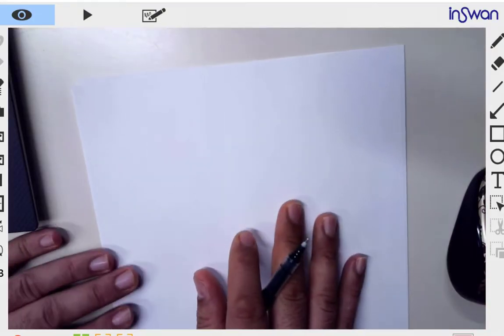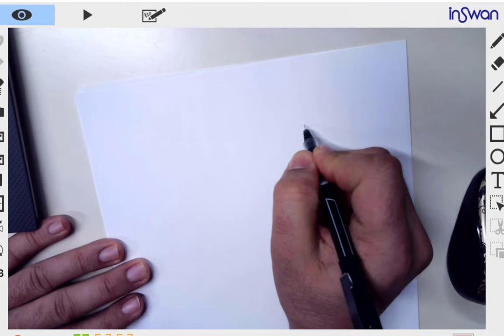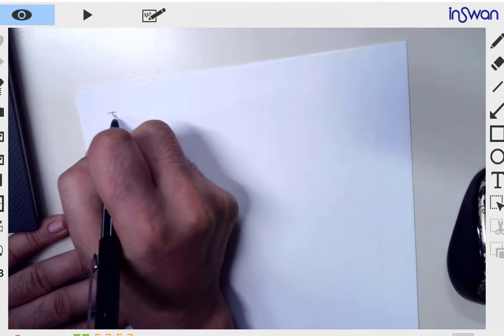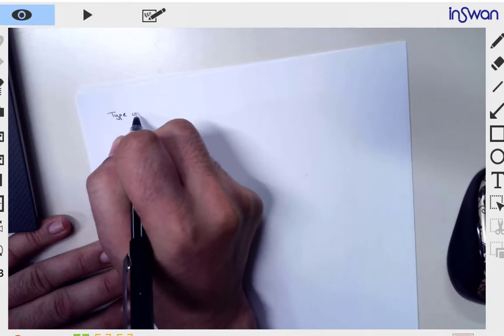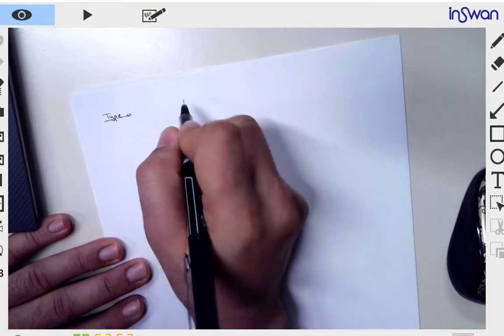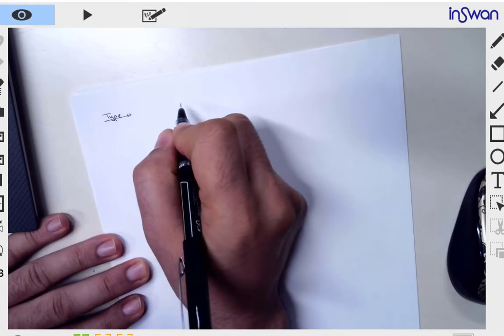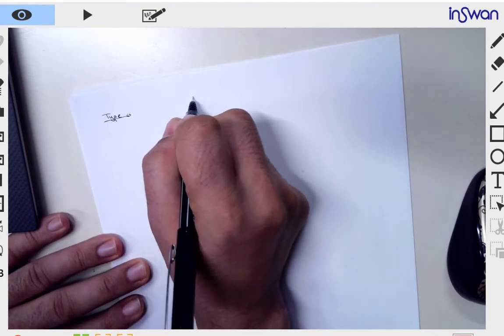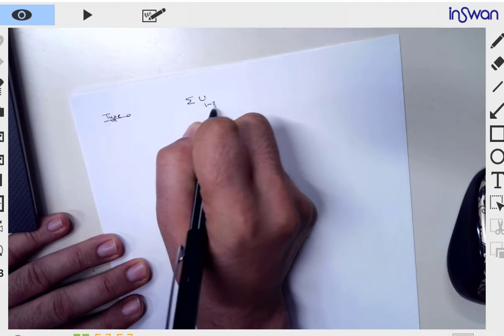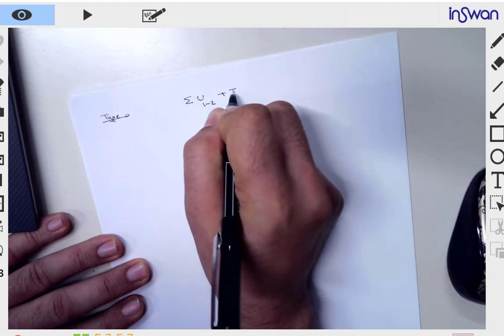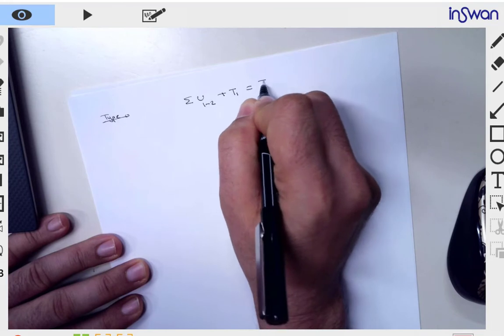All right, so far what we learned, just to summarize, the types of work. Actually, before that, I want to emphasize the principle of work and energy. We said that the summation of all works plus T1 equals T2.